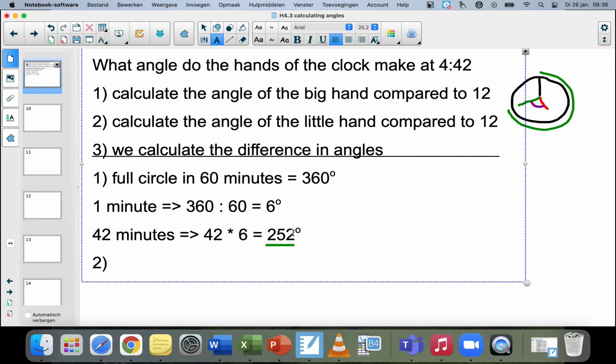Now we can do the little hand, and the little hand does a full circle in 12 hours because every hour it moves from 12 to 1 and then from 1 to 2 to 3 and so on.